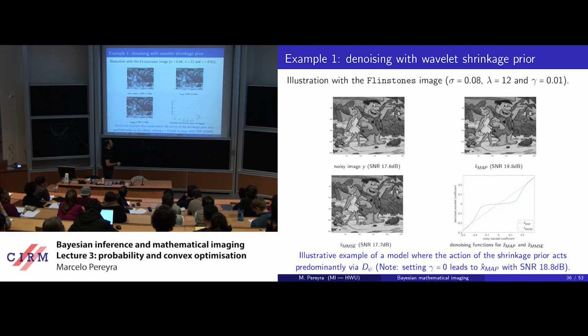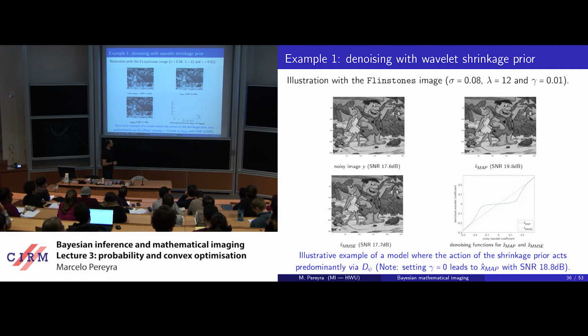They go into the model, and if you're computing the MAP estimator, they are mapped to a value very close to their original value, not changing a lot. That's why the noisy image and the denoised image have almost the same SNR. There is a bit of shrinkage, but it's not visible in this plot.